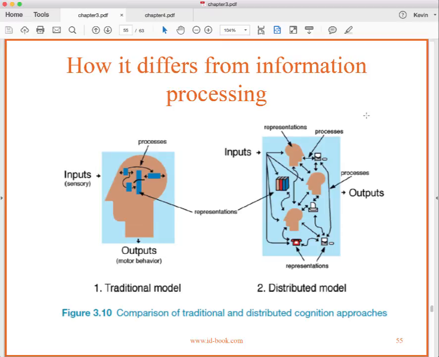On the right, in the distributed model, we've got a much more complex thing going on. The example in the text that I really like is about a flight crew flying a plane in collaboration with an air traffic controller on the ground. So, number one, there's not just one actor. Number two, the actors are collaborating in order to come up with a successful outcome.